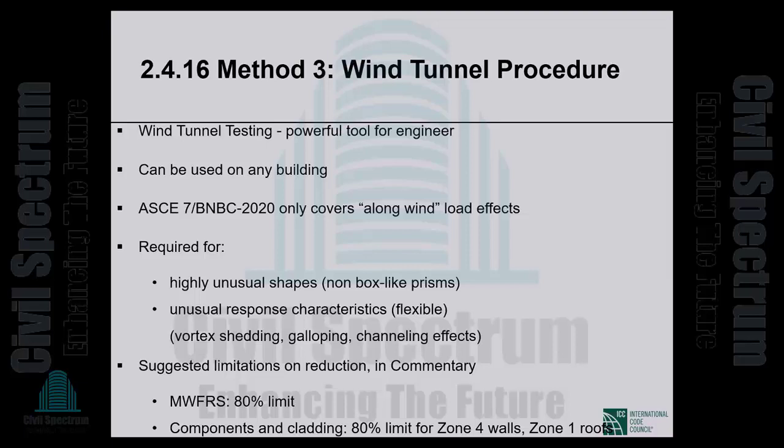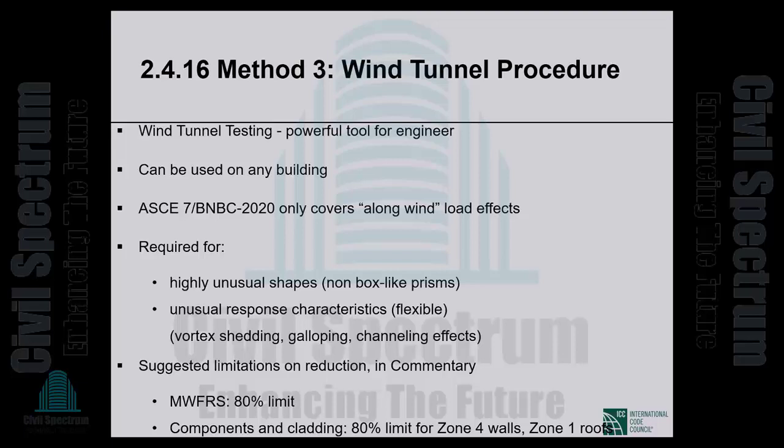Most of the time, any building in Chicago exceeding maybe 20 stories, which isn't much, is designed based on wind tunnel testing. Simply because you get to design the building for lower pressure than you will calculate out of ASC 7. It is a fact. Okay.